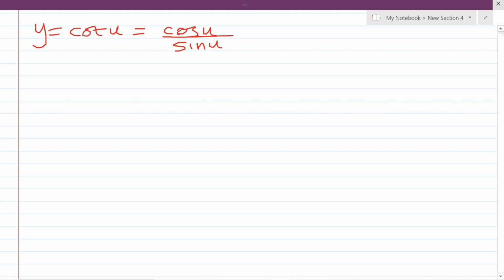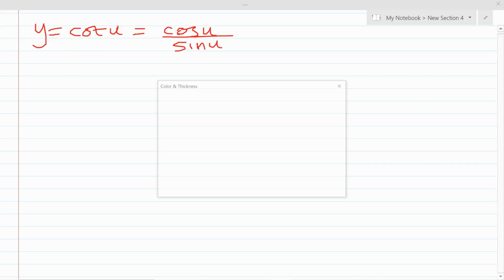Alright, so if I have a function like y is equal to cotangent of u, where u is a function of x, then my dy/dx will be what? This is equal to cos u over sine u. So here we'll use the basic idea from the previous video that we did on rules of differentiation.